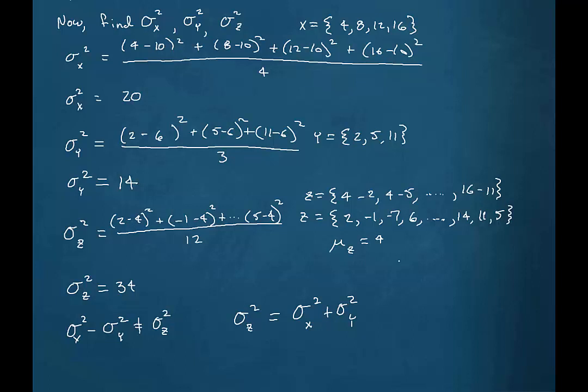Now that leads us to a generalization, and that generalization is if a set is formed by adding or subtracting each value of one set from each value of another set, then the variance of the resulting set is the same as the sum of the variances of the original sets.